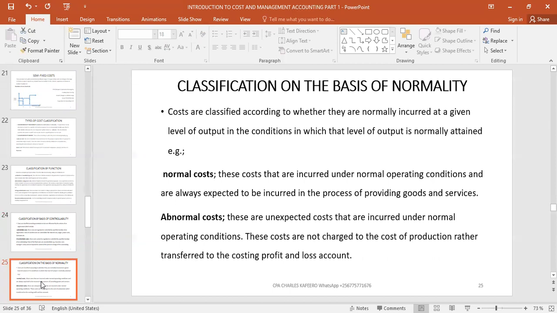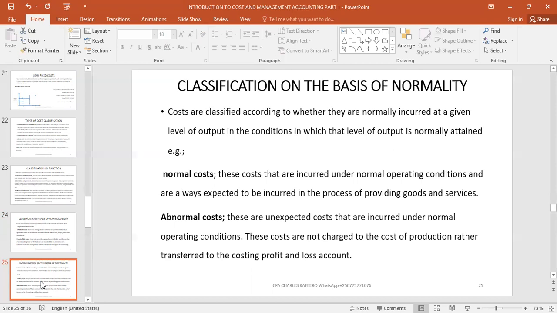These are categorized into the normal costs and the abnormal costs. Normal costs are costs that are incurred under normal operating conditions and are always expected to be incurred in the process of providing goods and services.